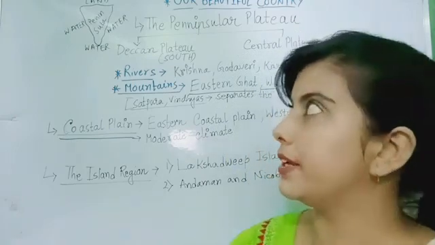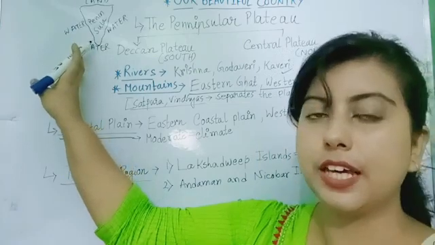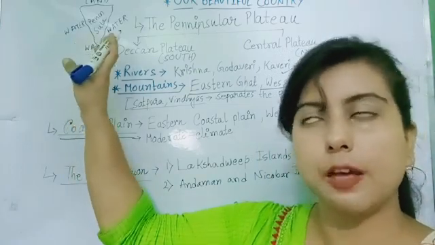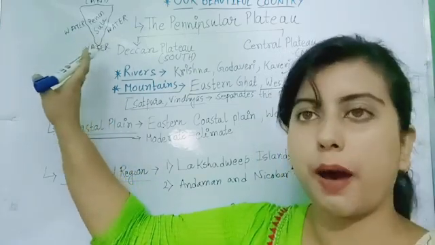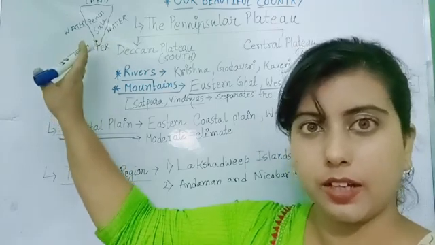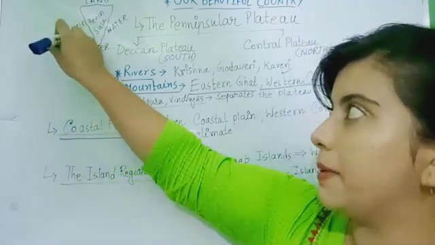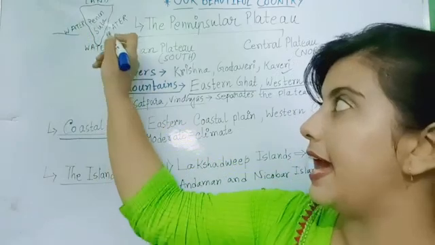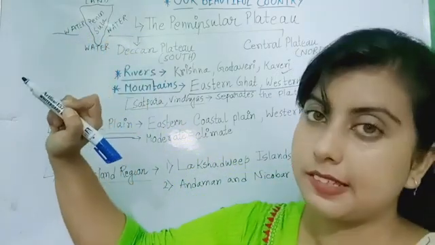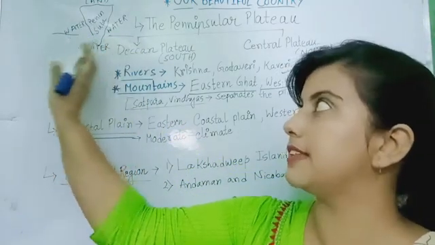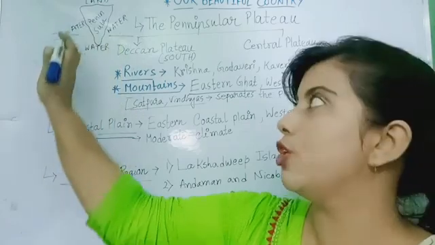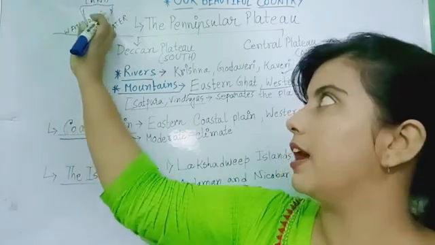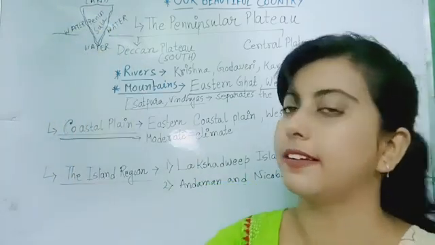Now children, if you look carefully, suppose this is the southern part of our India. There is the Arabian Sea in the west and the Bay of Bengal in the east. So both of these seas have coast area around this land.